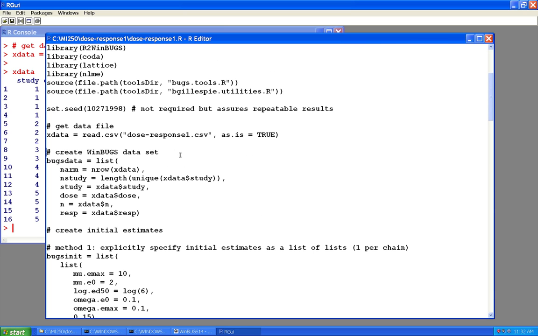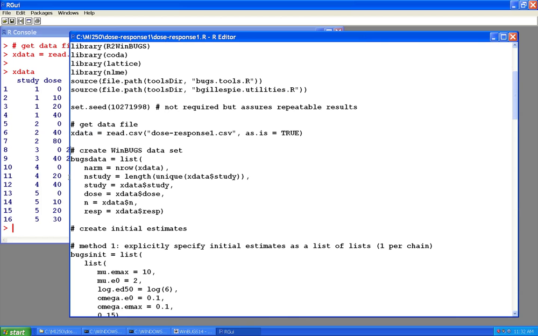Creating the BUGS data format is pretty trivial at this point for this example. For the number of arms, it's just the number of rows in the data frame we created, so I generated that by taking nrow of the data frame.